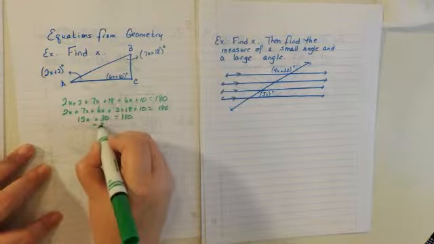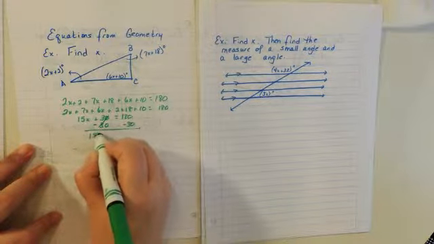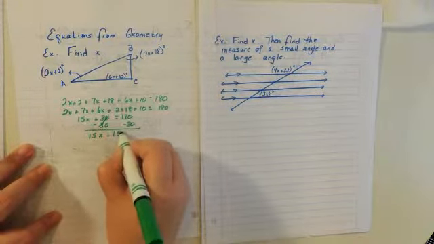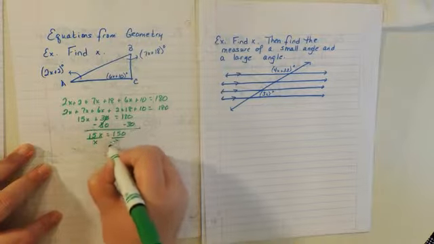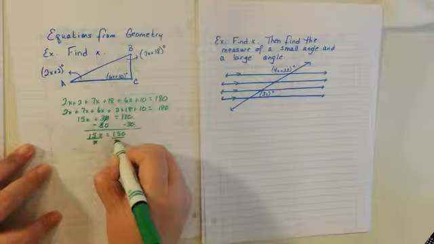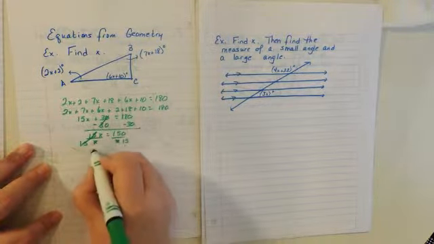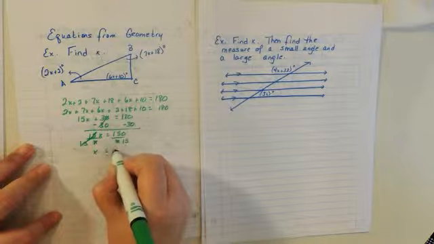Now we can subtract 30 from both sides. And 15x equals 150. Divide by x. Don't divide by x. Divide by 15. That would give you a much better answer. x equals 10.